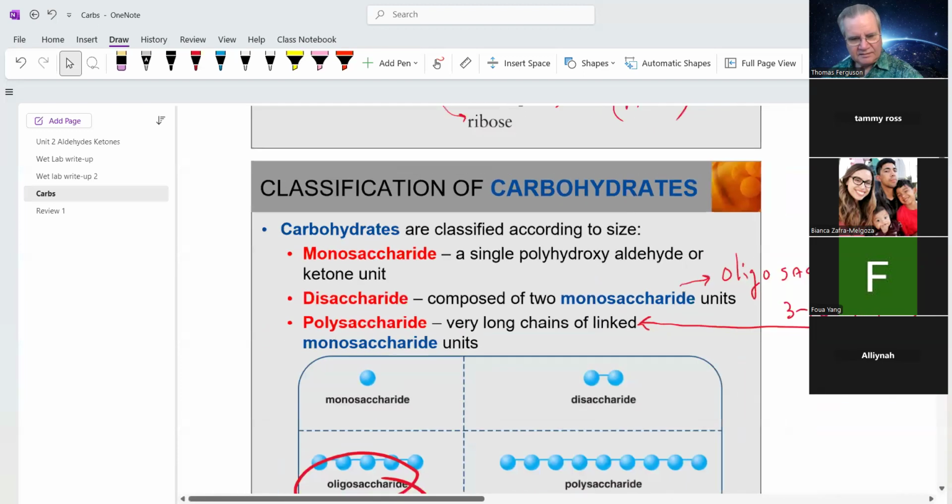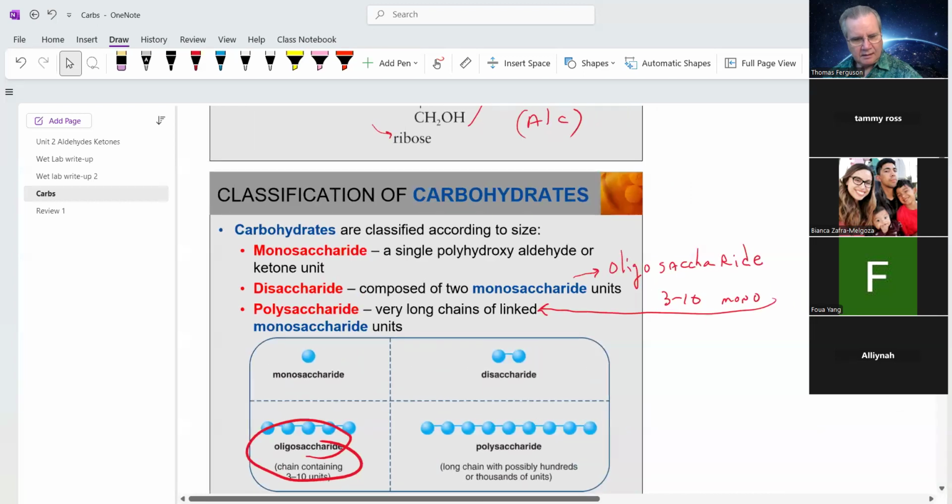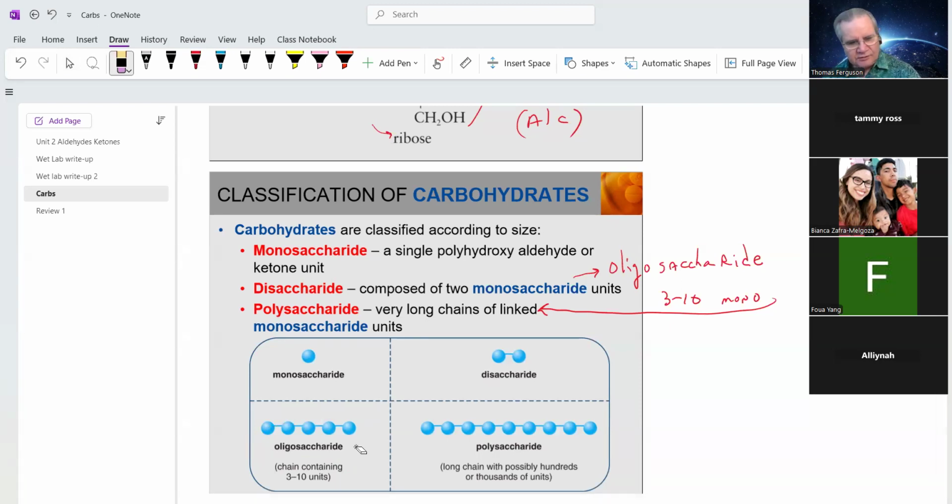Now, the one thing this set of slides doesn't do much on is oligosaccharides. So there are 4 classes of carbs: monosaccharide, disaccharide, oligosaccharides, and polysaccharides.